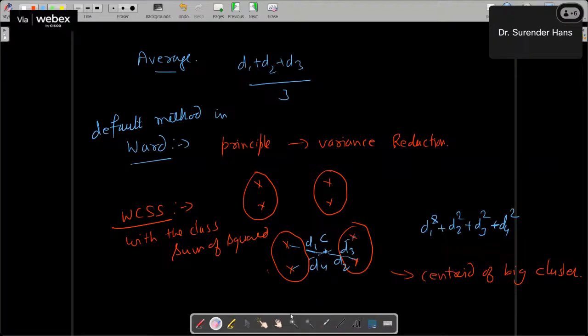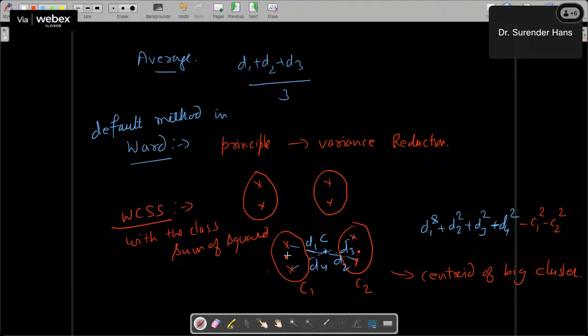Okay. So now again we will calculate the centroid in these two clusters. So now centroid of here, that is C1 and C2. Centroid of C1 is, let's say, here. Centroid of this C2, let's say, here. So now again the final distance. So that is d1 square plus d2 square, d3 square plus d4 square, minus c1 square minus c2 square.